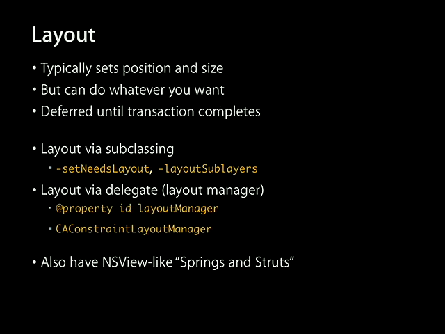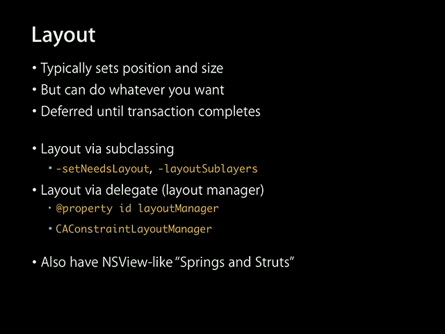And so there's two ways really of defining layout behavior. You can subclass the layer, which we'll show later, or you can assign a delegate. In both cases, you typically call this setNeedsLayout method just to say, I need layout. And then in the subclassing case, you would implement this layoutSublayers method. Or in the delegate case, you would implement some other kind of third-party object which implements basically the same method, and then gets called when you set that as the layout manager property of the layer.